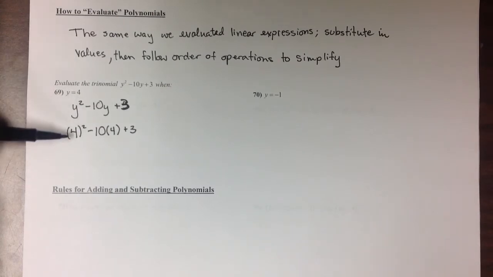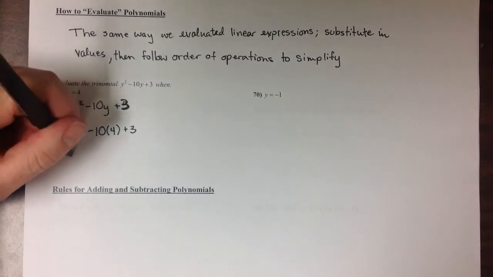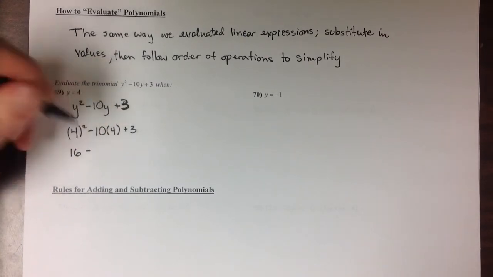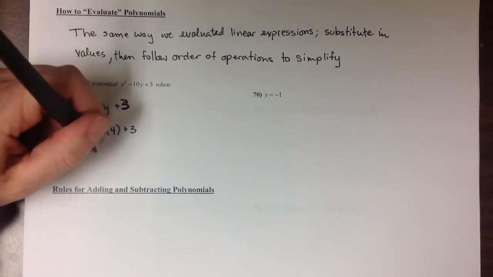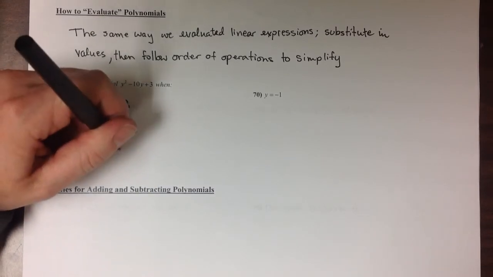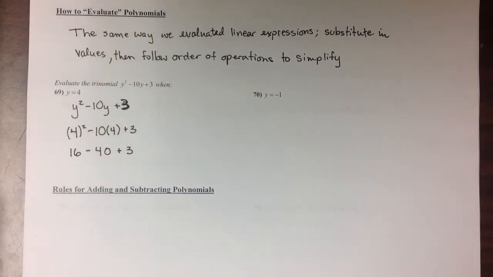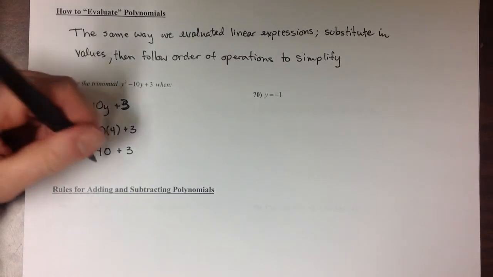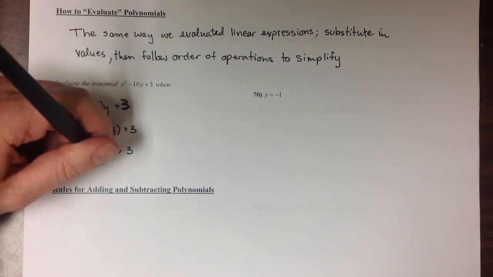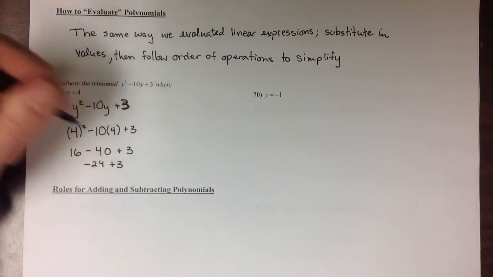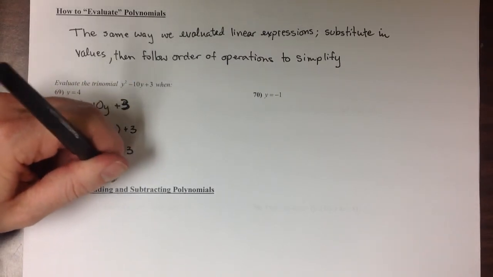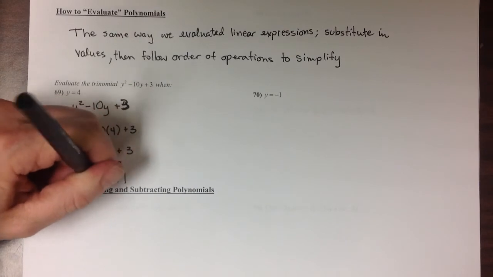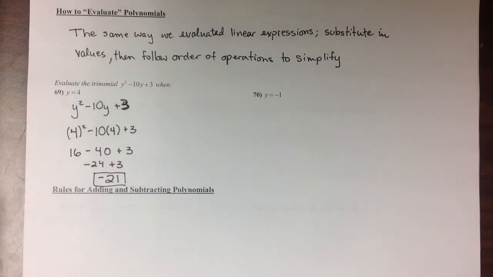Using order of operations, I want to complete the exponents first. So 4 squared is 16. Then the multiplication, 10 times 4 is 40. And then just bring the plus 3 down. Then in the next step, 16 take away 40 is going to give me a negative 24. And when I add 3, I get negative 21 as my final answer.